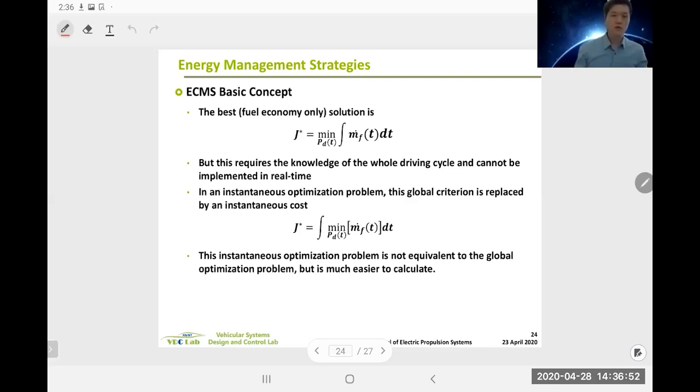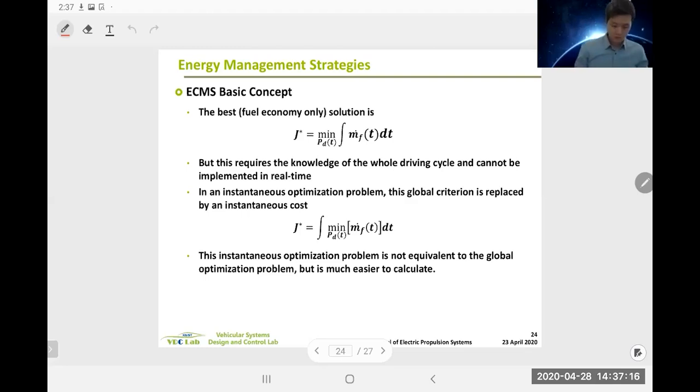So what that means is we are going to consider SOC, which is the state of charge of the battery, as a future fuel consumption, and we can compute equivalent fuel consumption if we use SOC.